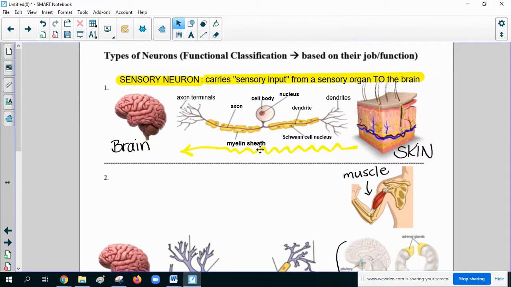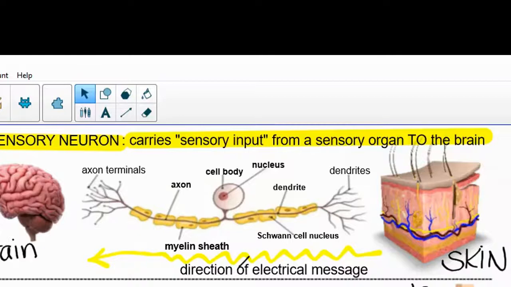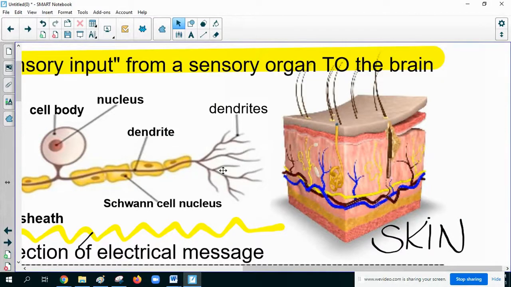Now, before I move on, I'm just going to label my little electrical message here. This is the direction of travel. I also want to tell you before we move on, see these dendrites right here? If I zoom in on my skin, those dendrites are these nerve endings here. We just don't see the rest of the cell because it's a cell.